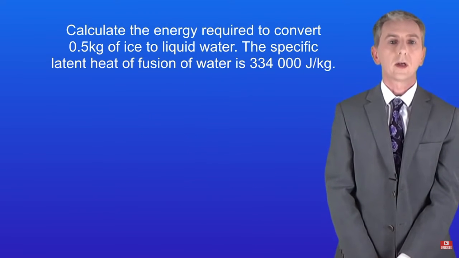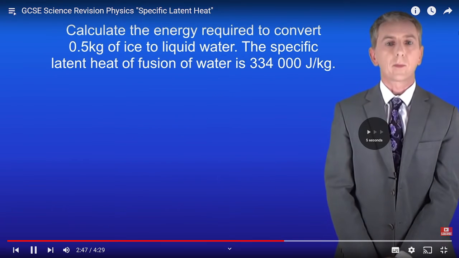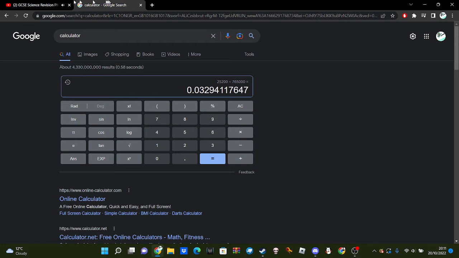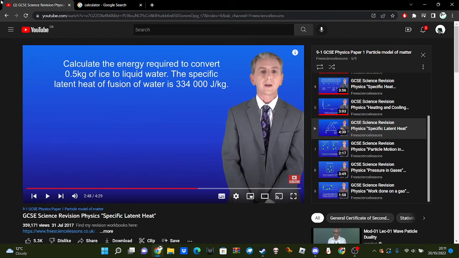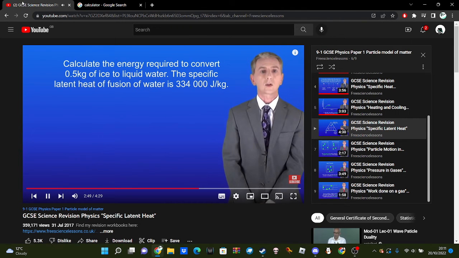Okay, so here's a question for you. Calculate the energy required to convert 0.5 kilograms of ice to liquid water.